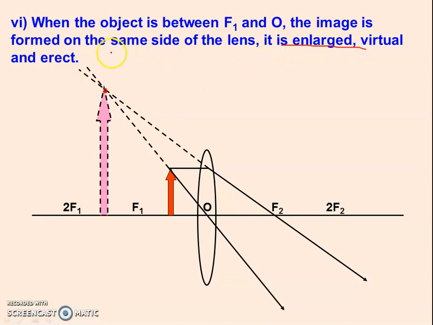Second, it is forming on the same side where the object is placed. Now the image is virtual and erect. You cannot see this image on a screen, right? So these are the cases of image formation by a convex lens.